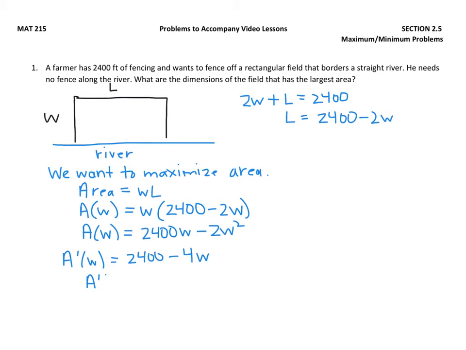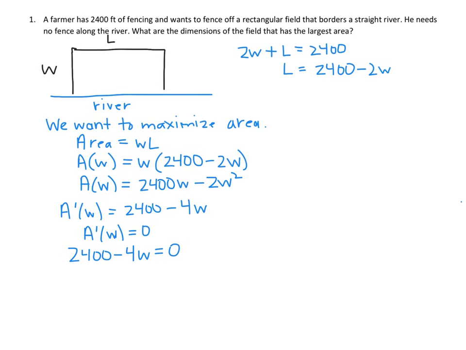Since this derivative is defined for all x values, we don't have to worry about values for which it doesn't exist. So setting the derivative to 0, we have 2,400 minus 4W equal to 0. Solving for W, we have negative 4W equal to negative 2,400. Dividing both sides by negative 4, we get that W is equal to 600.